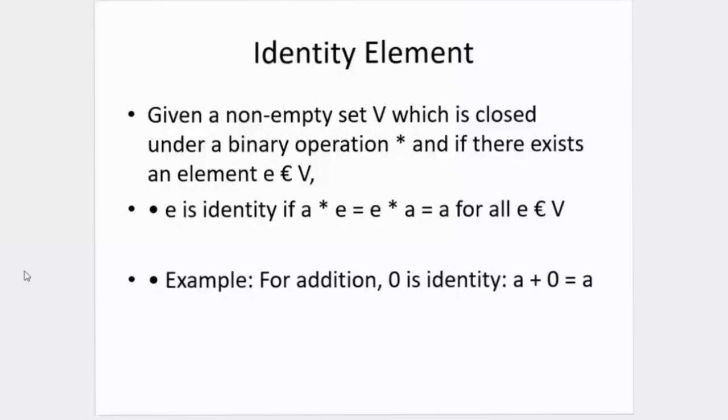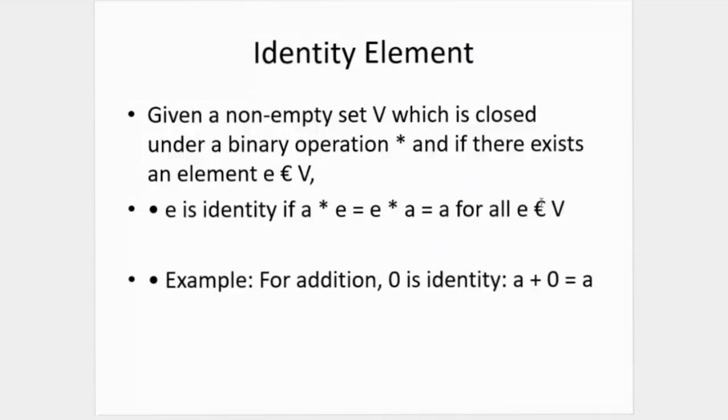So basically, the identity element is an element in that set such that if you perform the operation A asterisk E, where E now represents the identity element, A asterisk E equals E asterisk A equals A for all A in the set.